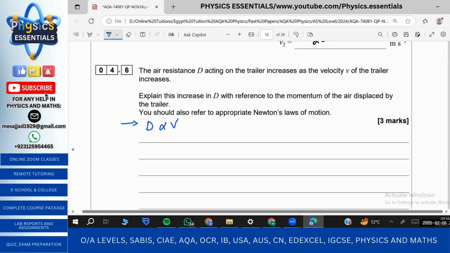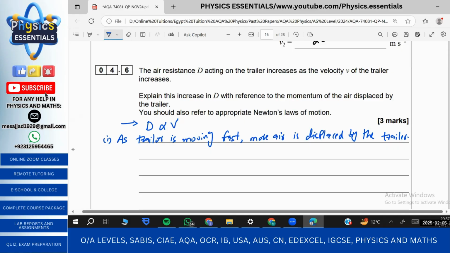we will write now, as point number one, as the trailer is moving fast or at high speed, more air is displaced by the trailer, right?